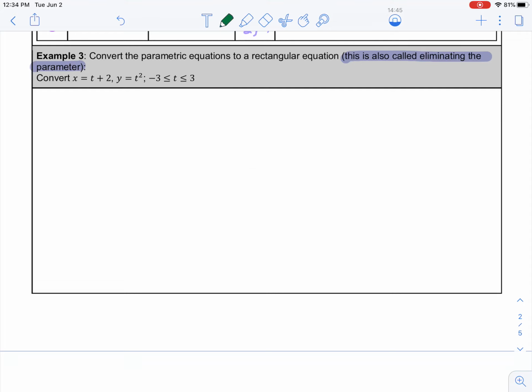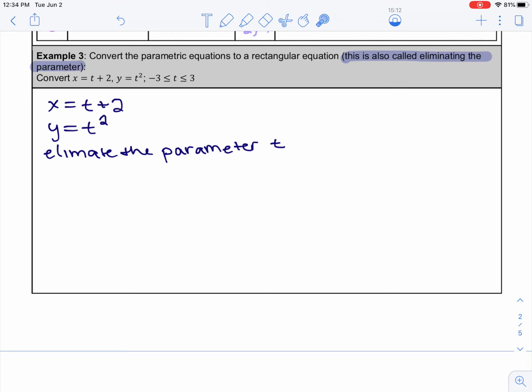So another way to be asked to do this is you might be given your parametric equations, x equals t plus 2 and y equals t squared, and you may be asked to eliminate the parameter t. And sometimes you're not told explicitly what the parameter is, but it will be obvious to you as far as what is the variable that is defining your x and your y.